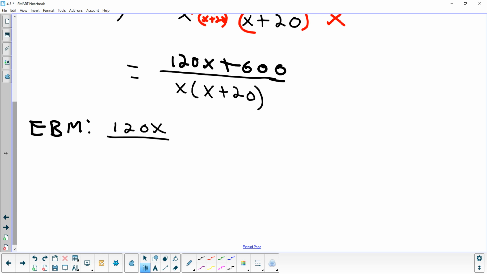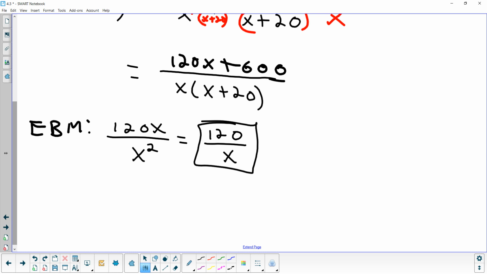What would be the highest degree term in the bottom? X squared. It would be x squared if you did it out. And when I reduce that as much as I can, what am I left with? When I cancel out, what will cancel here? Yeah. 120 over x. We're going to be left with 120 over x.